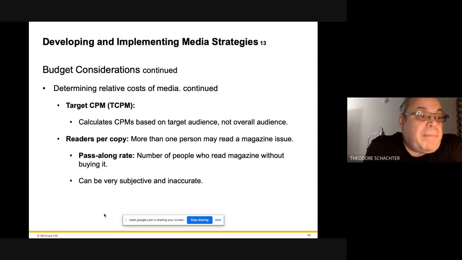Certain media like magazines last longer than any other form because people keep and save magazines. If you go to a doctor's office, they have a lot of magazines in the waiting room. Pass along readership means how many people read that magazine.